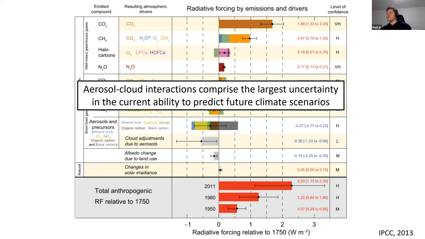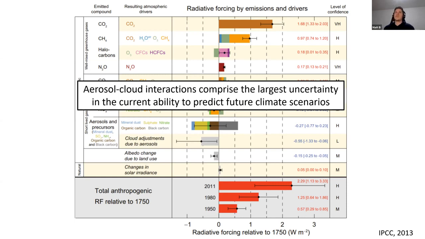To understand these processes in the context of everything else in the atmosphere, we have to understand them at a process level. And because there's such a variety of aerosol in the atmosphere, with different compositions and sources, and the concentration changes in different locations, it's really hard to track down exactly how this is happening. I mentioned my research is new particle formation and CCN. That's what I'm most interested in.